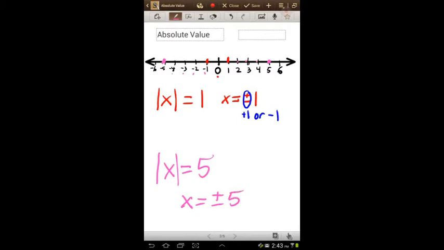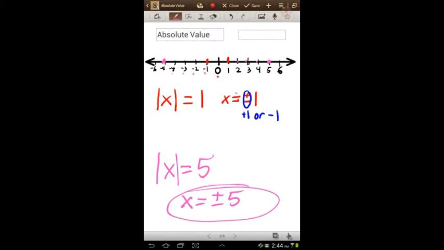Because you don't know, you only know the distance, 5 or 1 in these two examples. You don't know which direction from 0 you're going, to your left or to your right. You don't know whether it's going to be positive or negative 1 or 5 in this case. So both of those turn out to be our answers.